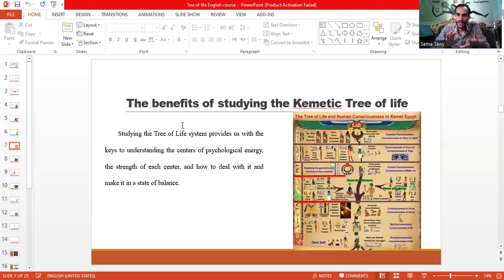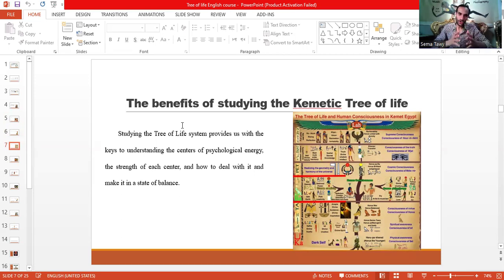Also, part of the benefits of studying the Kemetic Tree of Life system is that it provides us with the key to understanding the centers of physiological energy inside ourselves, inside our bodies, the strength of each center and how to deal with it and keep it in a state of balance.